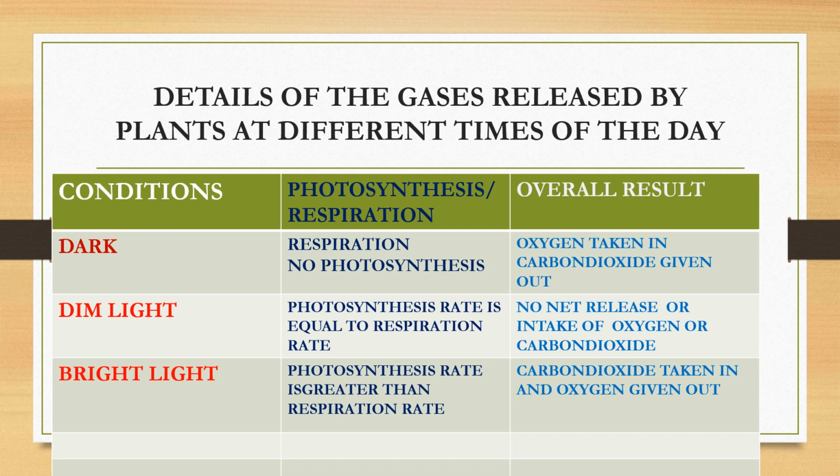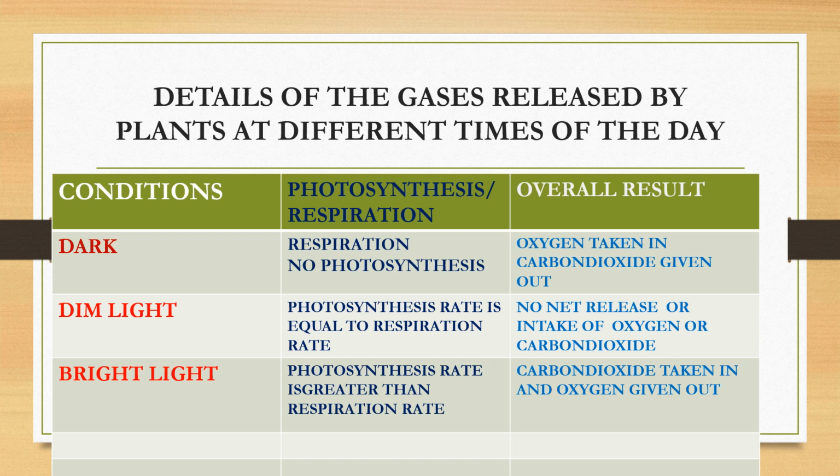Now the second condition is dim light. In dim light, the photosynthesis rate is equal to the respiration rate. Both respiration and photosynthesis rates are equal. There is no net release or intake of oxygen or carbon dioxide. What do you mean by that?